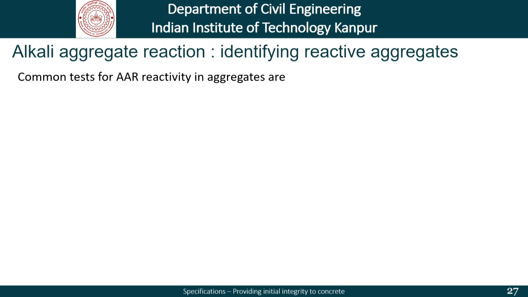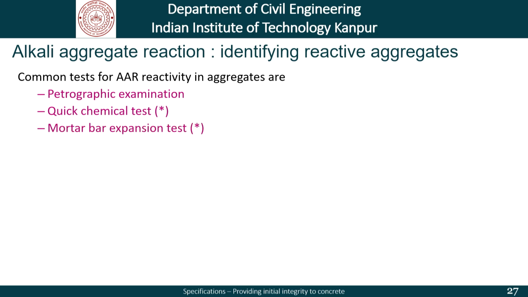Now, the first step therefore in handling alkali aggregate reaction is to identify reactive aggregates, and that is the first job when we start a major construction project. Go to the quarry, try to get the aggregate and establish whether the aggregates from that quarry are reactive or not. Common tests which are used to establish the reactivity of aggregates include petrographic examination, quick chemical test, a mortar bar expansion test, and so on.